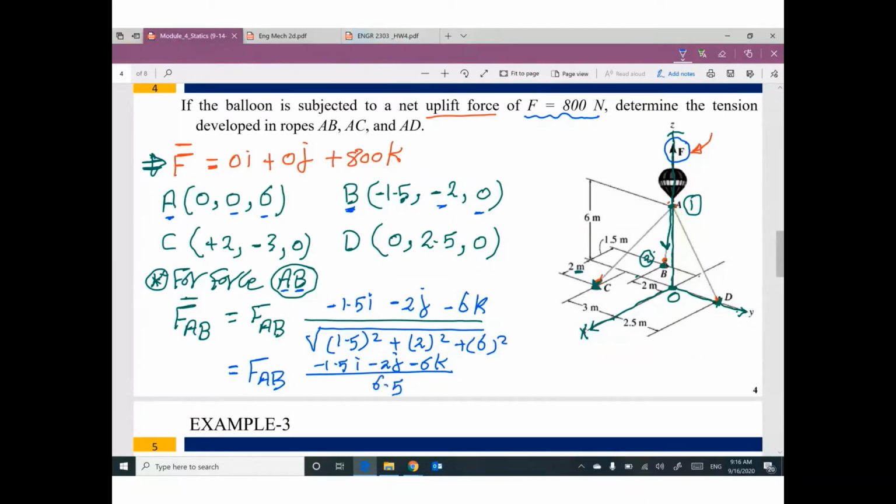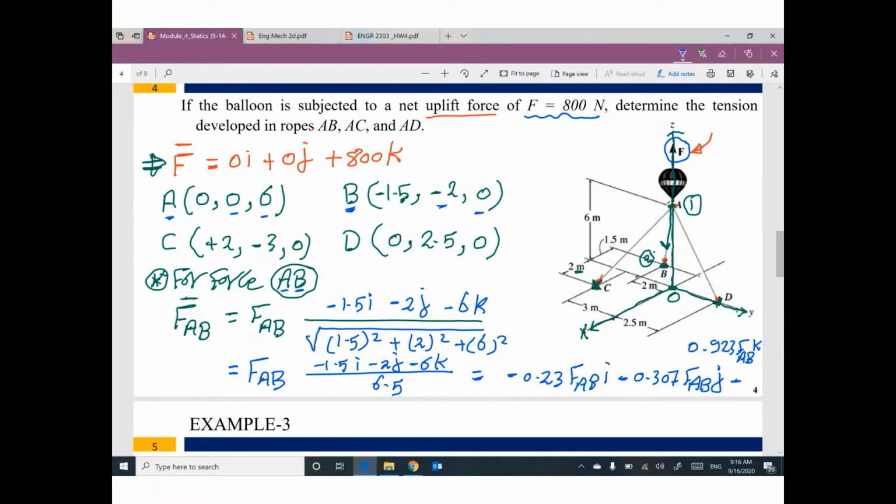To simplify, 1.5 divided by 6.5 will be negative 0.23 FAB i. Negative 2 divided by 6.5 will be negative 0.307 FAB j, negative 0.923 FAB k.